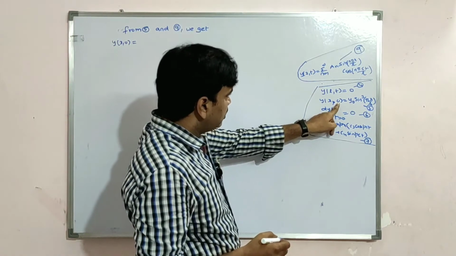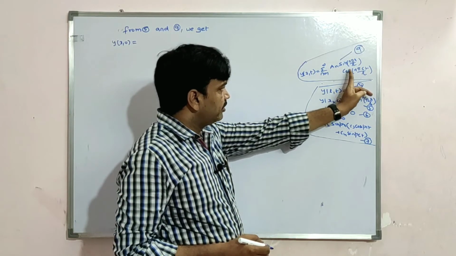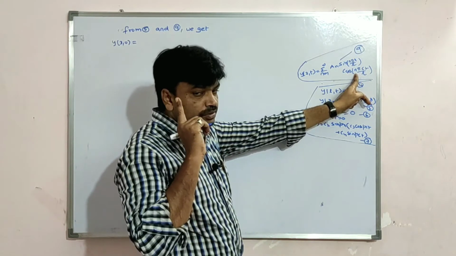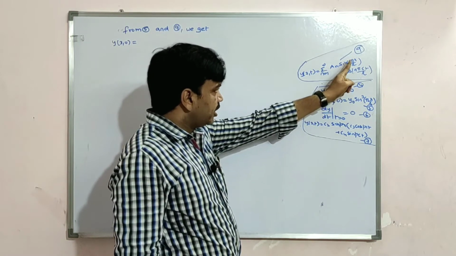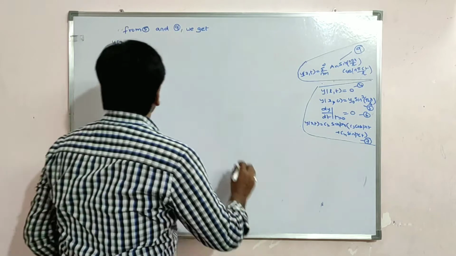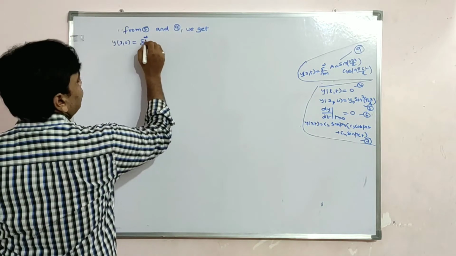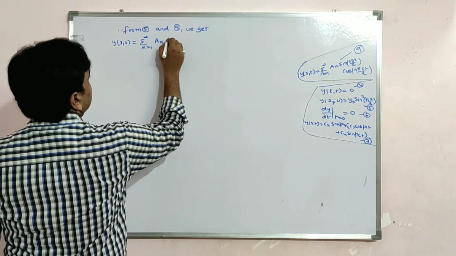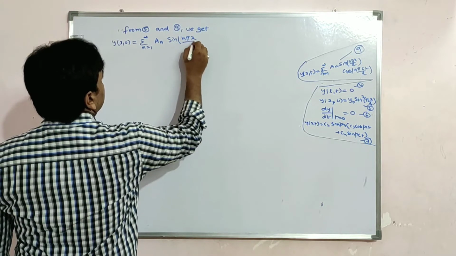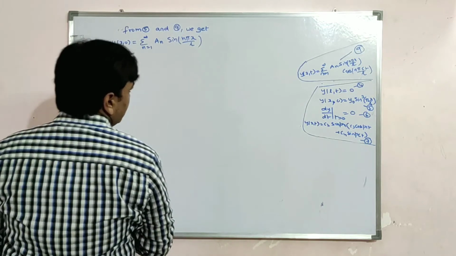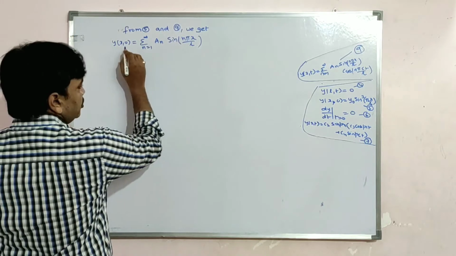So t value is 0. So put t = 0 here. We get cos 0 value 1. Finally I get here an sin(n pi x by L), so that is equal to the sum from n = 1 to infinity of an sin(n pi x by L), students. Now what is the y at x comma 0 value, students?